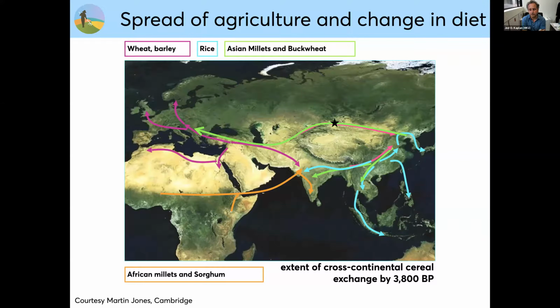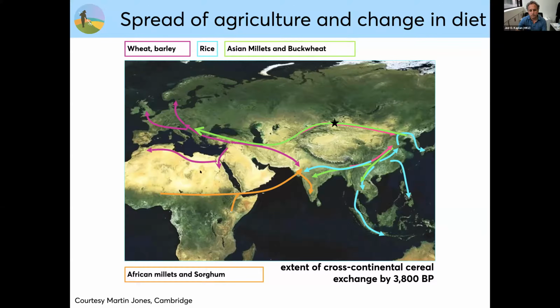And we know now from quite a lot of archaeological research that's been done during the last few decades that already by 3,800 years ago, in what we call the Bronze Age, there was a cross-continental exchange of cereal crops throughout Eurasia and Africa.